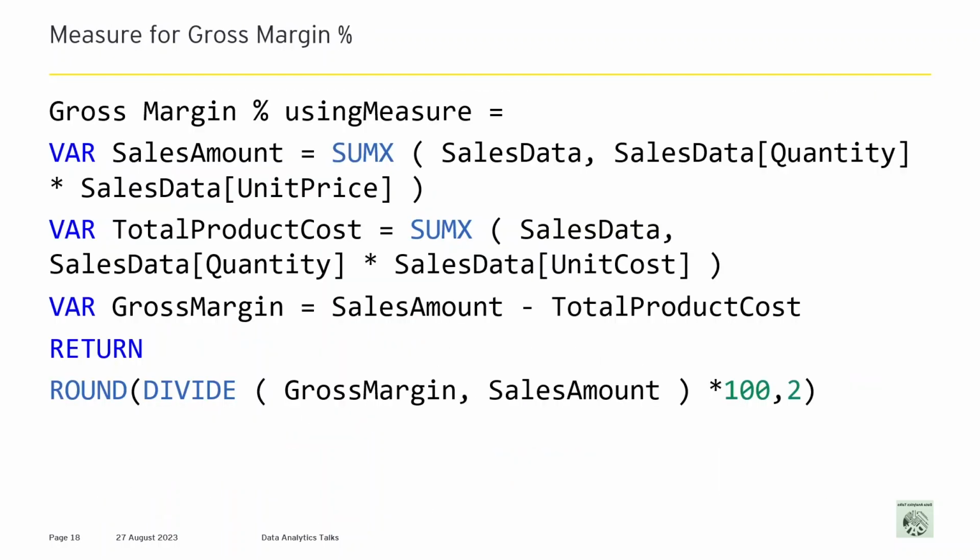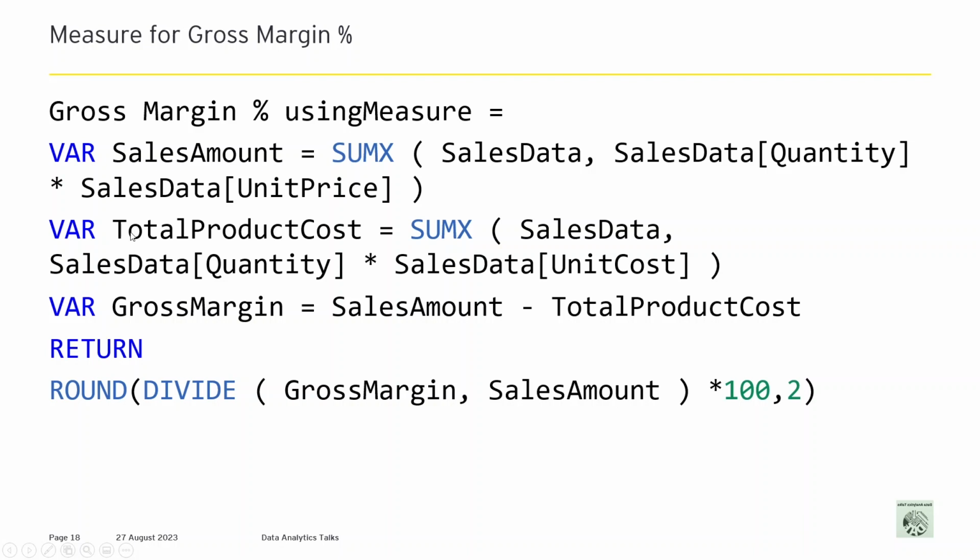And for option 1 measure approach, you will have to create a new measure. You can give any name for the measure, then create a variable for sales amount, which will use SUMX with the data table sales data, then sales data quantity multiplied by sales data unit price.